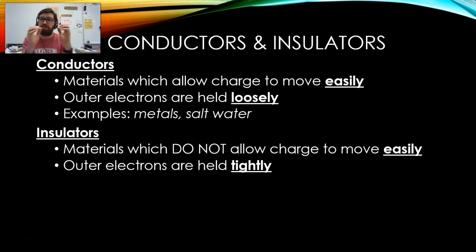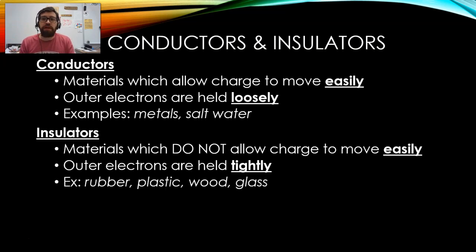Those outer electrons, if they're held very tightly, they're not going to want to get rid of them, which means it's harder to transfer charge by moving electrons from one place to another. These are things like rubber, which everybody knows rubber is a good insulator. We use rubber for insulation on wires, as well as plastic and wood, also glass. Doesn't happen as much anymore, but more in the sort of old days, quote unquote, when electricity was first being developed, glass was used as a common insulator.